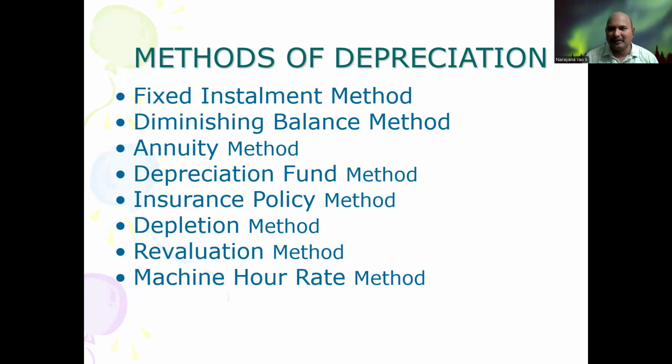Insurance policy, this is another one. This method is used for assets which are costly. Next, depletion method. This is used mainly for mines. Revaluation method, machine hour rating. We will discuss each and every method again.